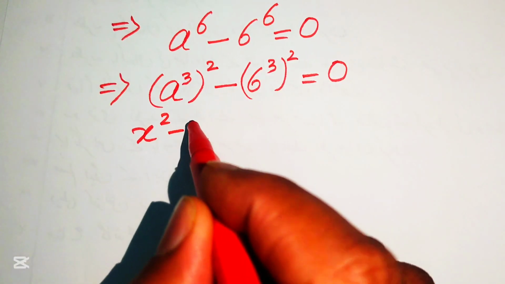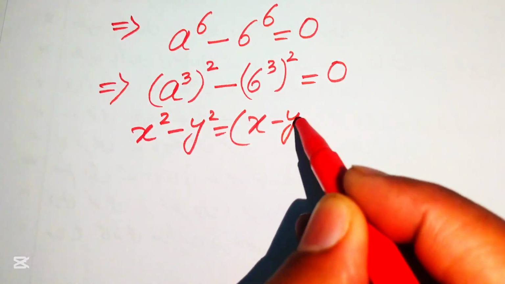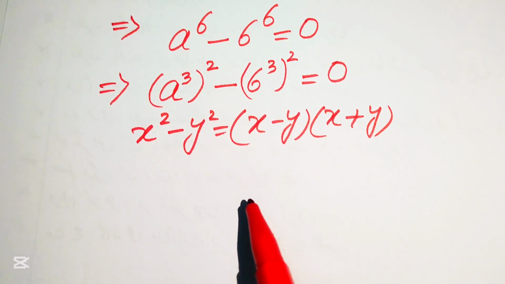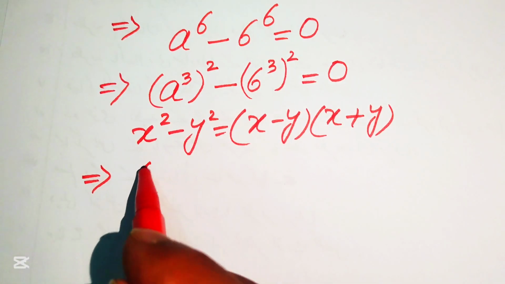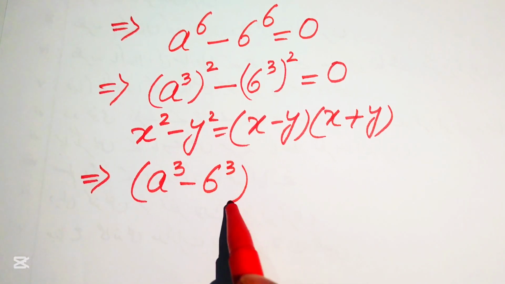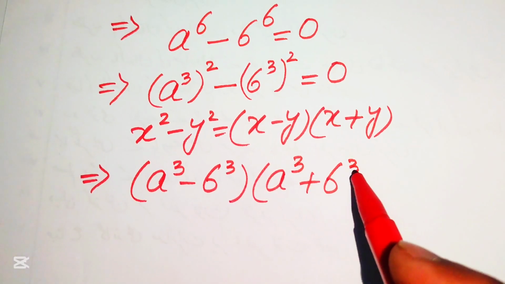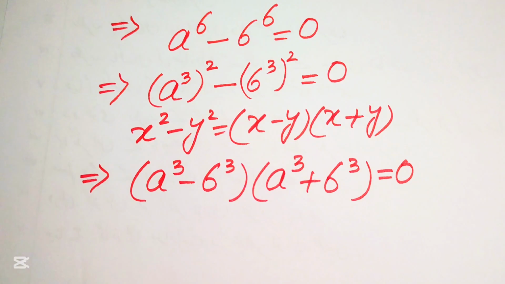You know that x square minus y square equals x minus y times x plus y. According to this formula we write our above equation as a cubed minus 6 cubed into a cubed plus 6 cubed, and this whole equation equals 0.